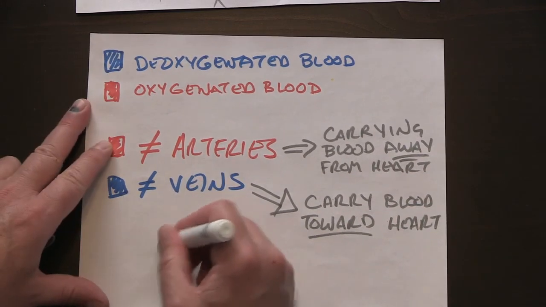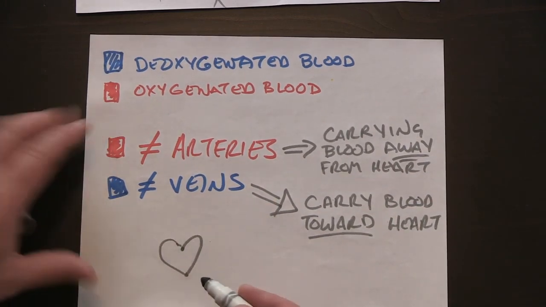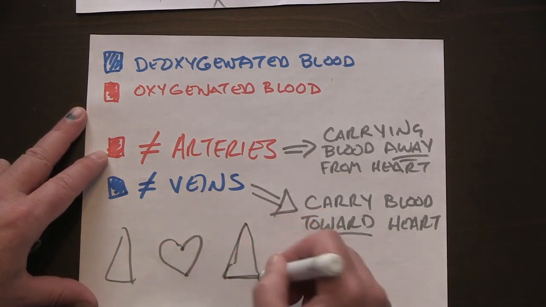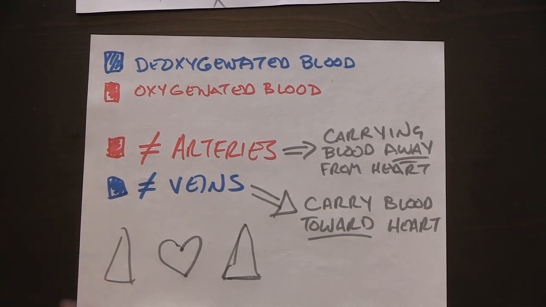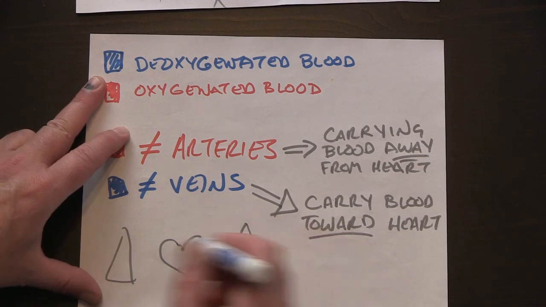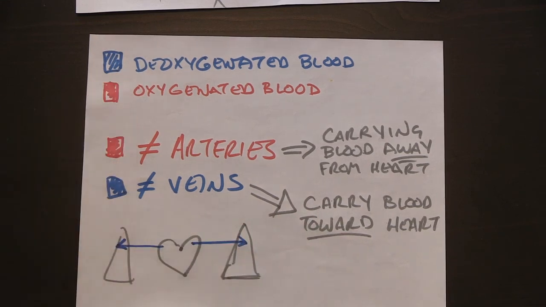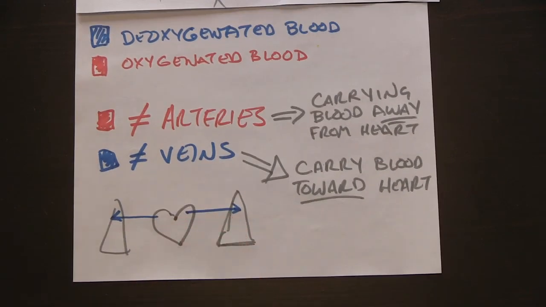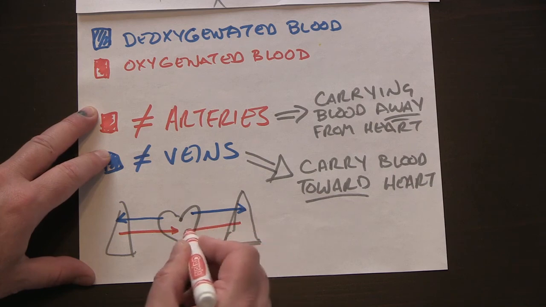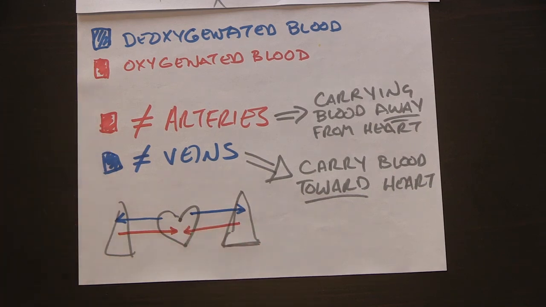Because again, let's just do the pulmonary circuit. So there's the heart, here's a lung, here's a lung. You're delivering deoxygenated blood from the heart to the lungs in the pulmonary arteries, and they're deoxygenated, right? Now, the blood that's returning to the heart now has oxygen in it, so we would make it red, and those are pulmonary veins.